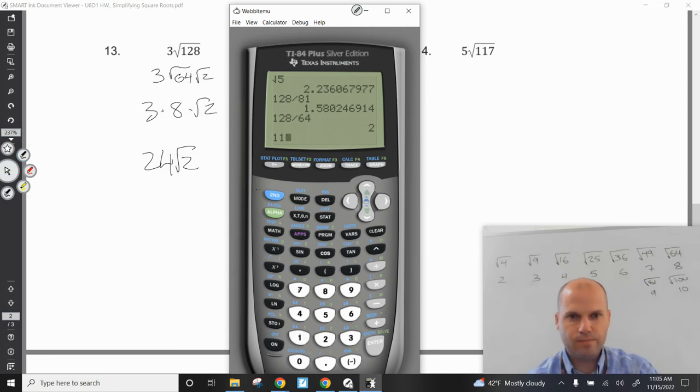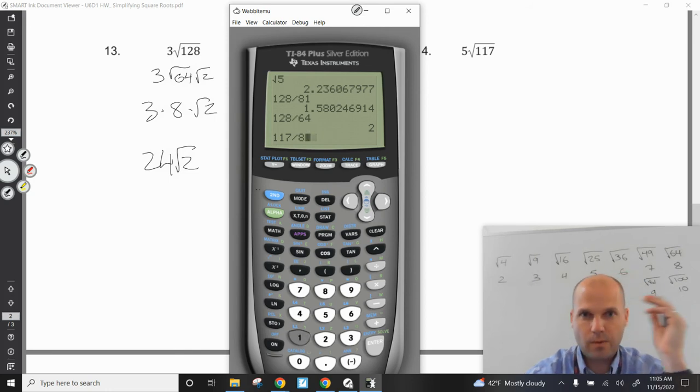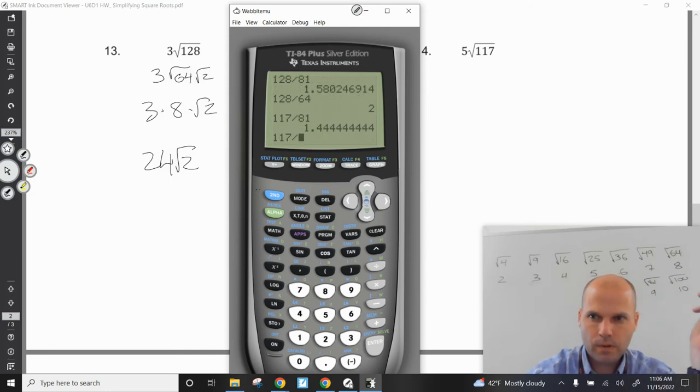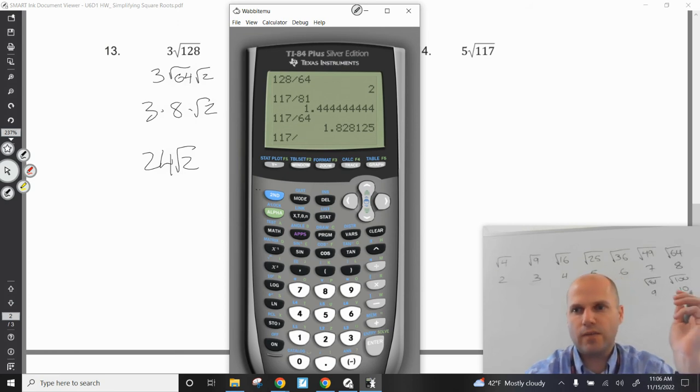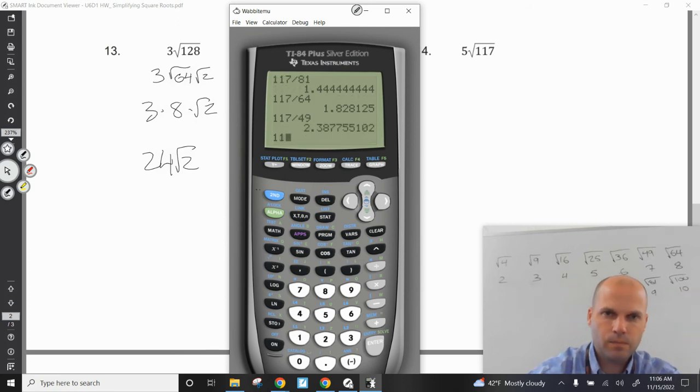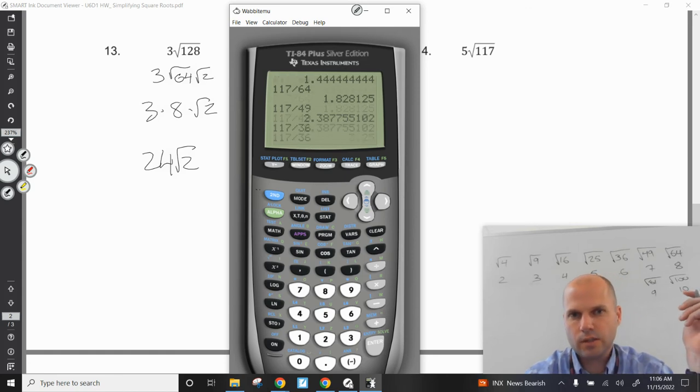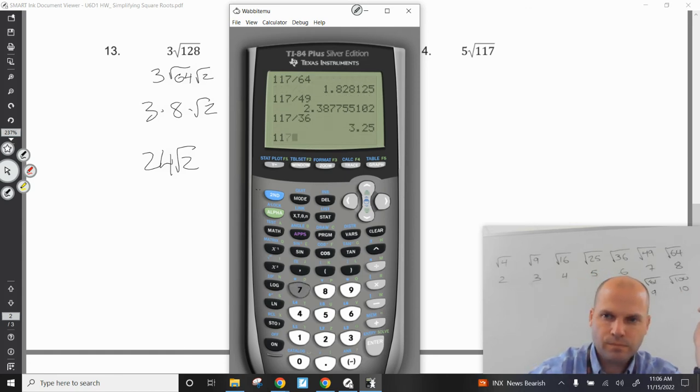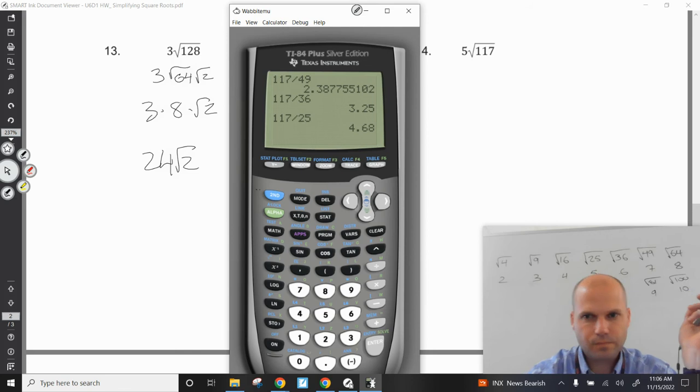Root 117. Fun. Let's try 81. 64. 49. 36. Nope. 25. Nope. 16.